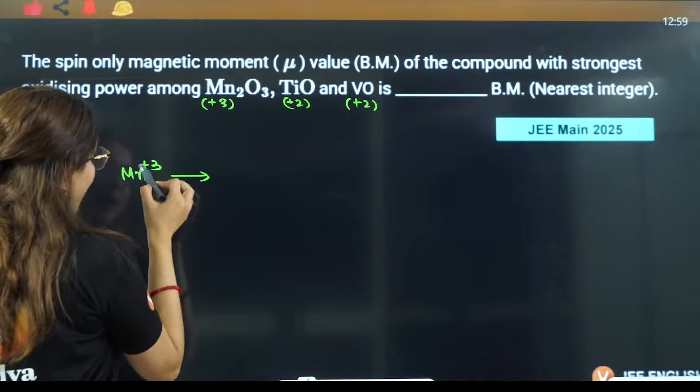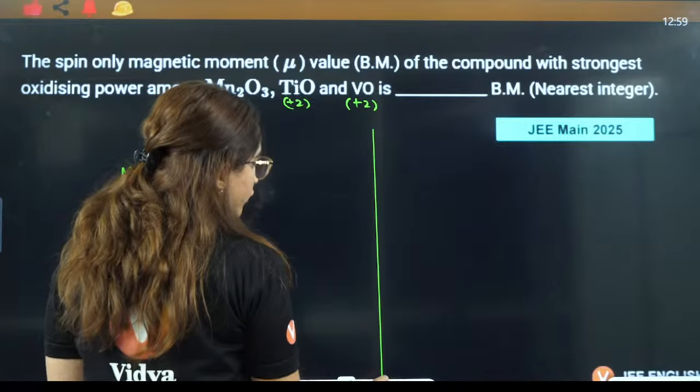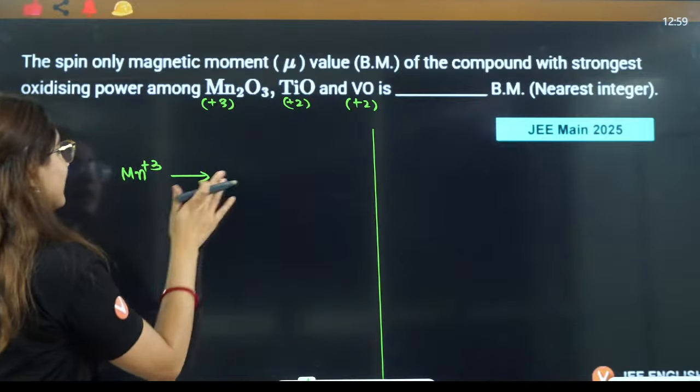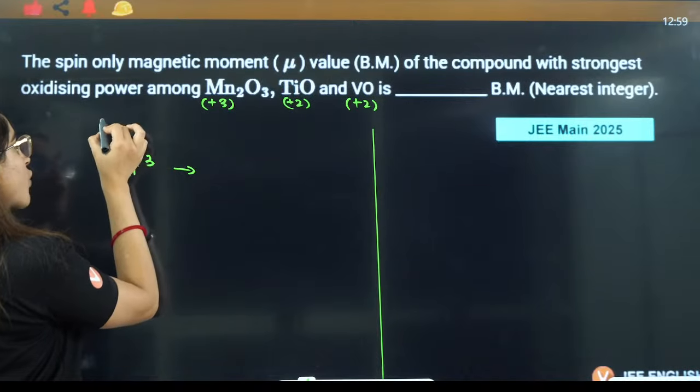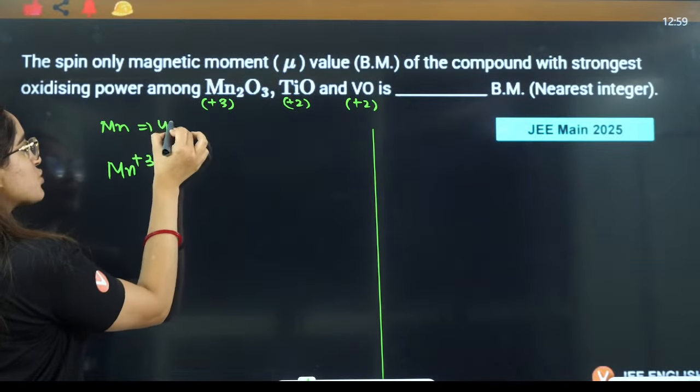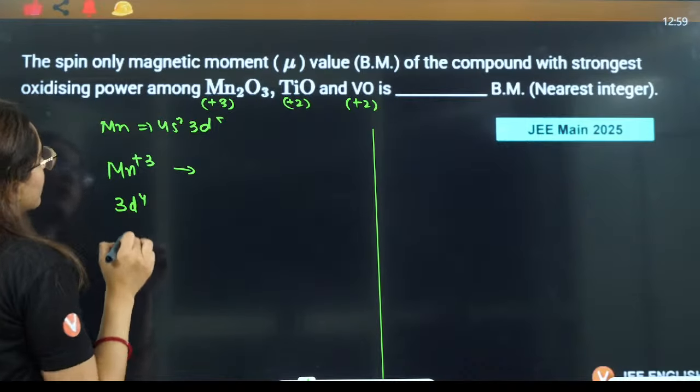This is a very important question. Manganese plus 3 is 3d4, since manganese is 4s2 3d5.